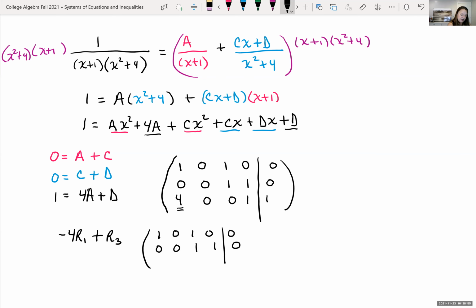And the next one we have negative 4 times 1 is negative 4 plus 4 is 0. Negative 4 times 0 is 0 plus 0 is 0. Negative 4 plus 1 is negative 4 times 0 is 0 plus 1 is 1. And lastly, negative 4 times 0 is 0 plus 1 is 1.